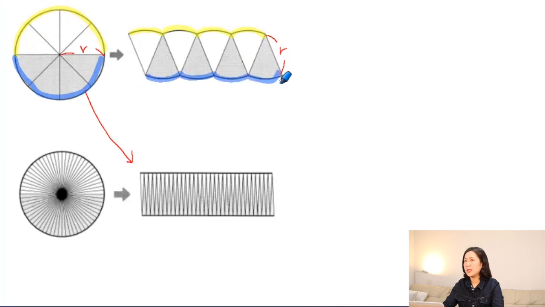What did you notice? The circumference is all around the circle, that is 2 pi r. The yellow part is half of the circumference, and the blue part is also half of the circumference, so each is pi r.